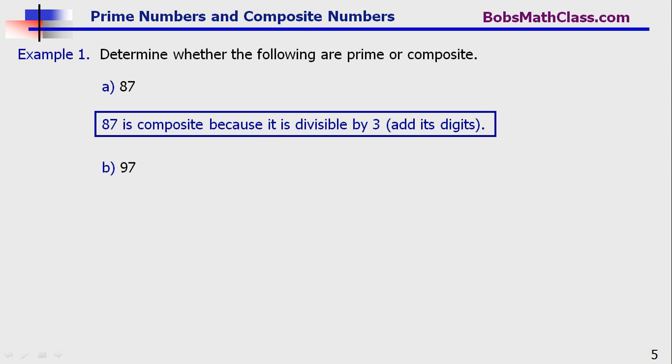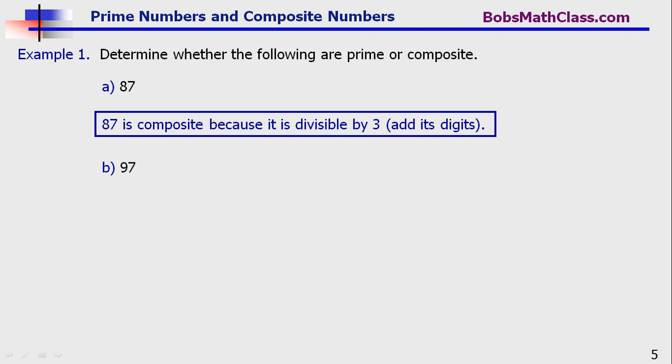Okay, so we go through the numbers 2, 3, and 5. After that, it's 7. Okay, so 97. Does 2 go into 97? No. Does 3 go into 97? Let's see, add the 9 and 7. 9 plus 7 is 16. Does 3 go into 16 evenly? No. The next number is 5.